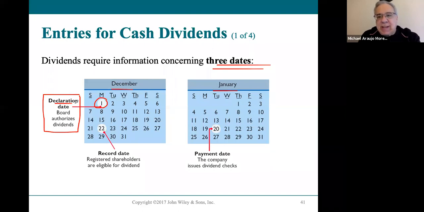The declaration date basically is a time where the board of directors promises a dividend to their stockholders. At that time, of course, since they've already promised the owners a dividend, they've created a liability for the company. They have a dividends payable, which you haven't learned yet, but that's an account. So the declaration date is important and accounting needs to get done.